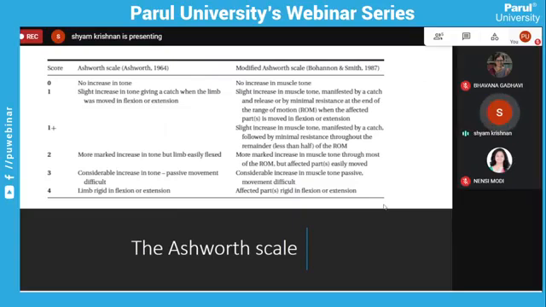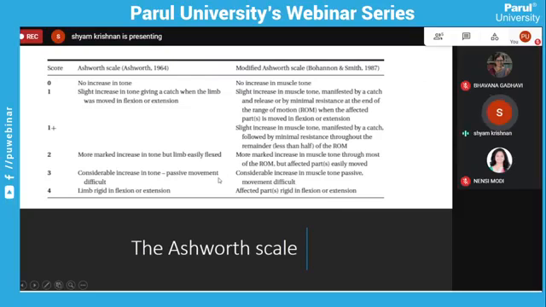For example, grade 0 is there is no increase in tone at all. So when you move, you are not finding any kind of resistance to movement. Now when you're trying to move, you feel a catch, which may be followed by a relaxation. It is grade 1, and so on and so forth. So you can see that progressively there is an increase in tone.